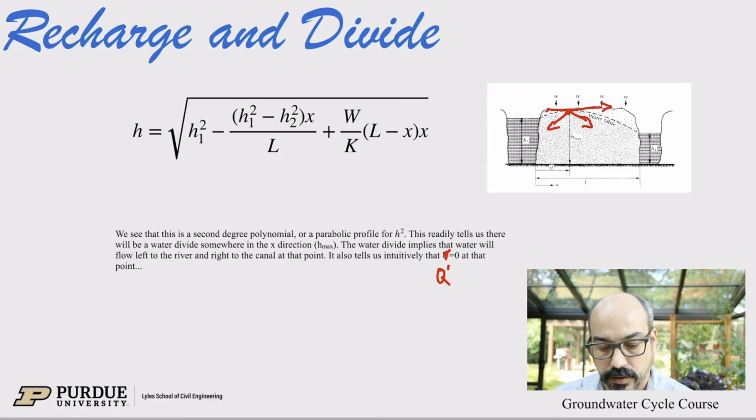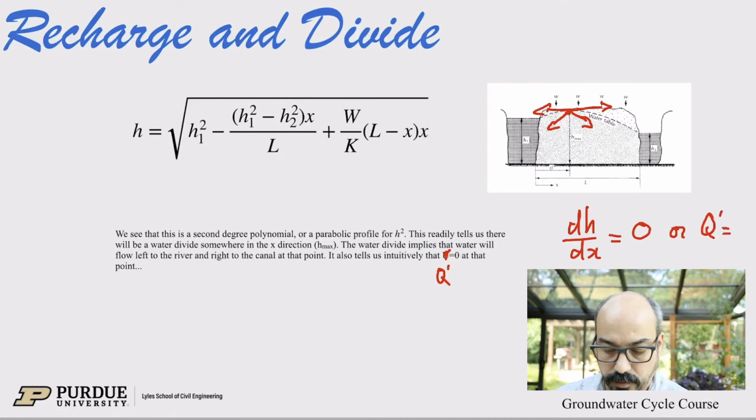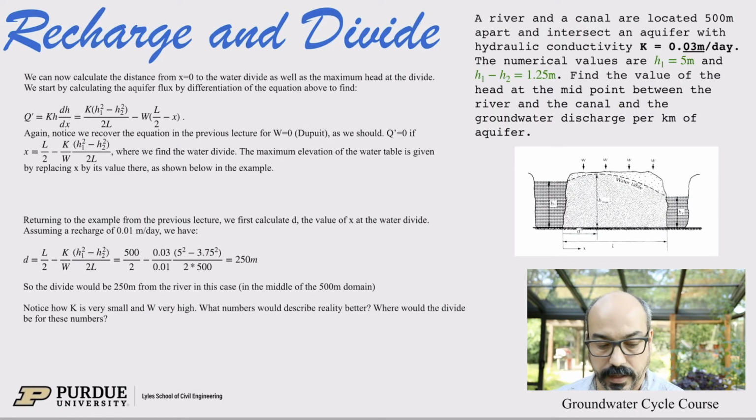So the location of the divide is the place where dh dx equals 0, or equivalently q prime equals 0. There's no flow, we're losing water both ways. So if we solve for dh dx equals 0, we can find where that divide is.